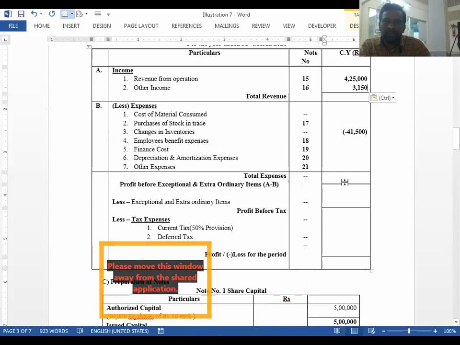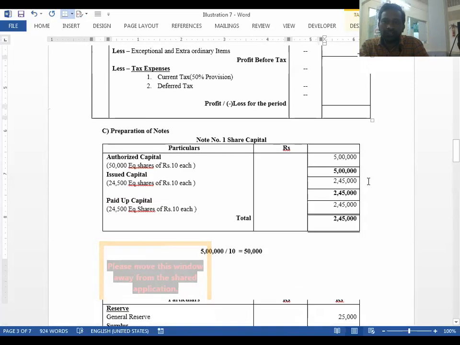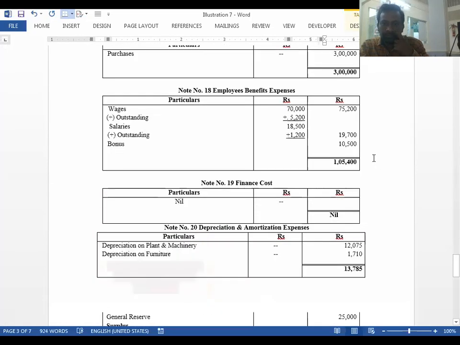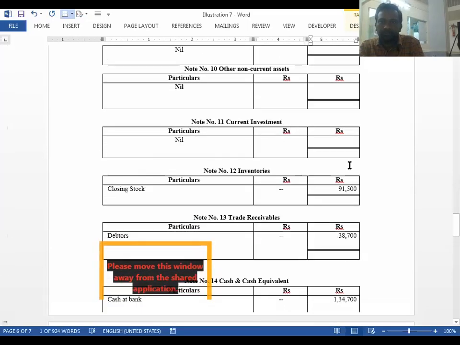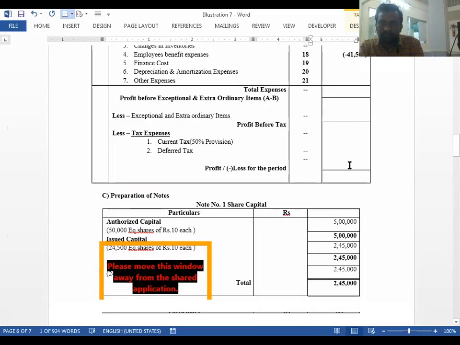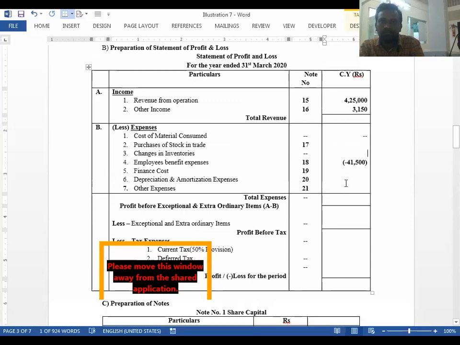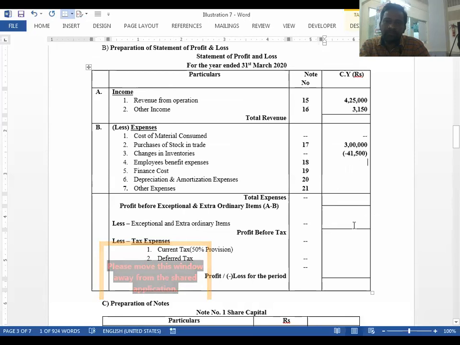Then cost of materials is nil. Then purchases of stock in trade. Then change in inventory, minus 41,500. It is taken from the working note of change in inventories.